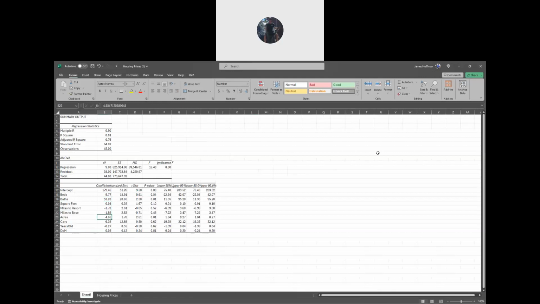Acres increases the price, bigger garage increases the price. It looks like older houses are less pricey, even though that's going to be taken out because of significance. And then days on market is a pretty small effect. So everybody got this part so far? Yeah. Okay.